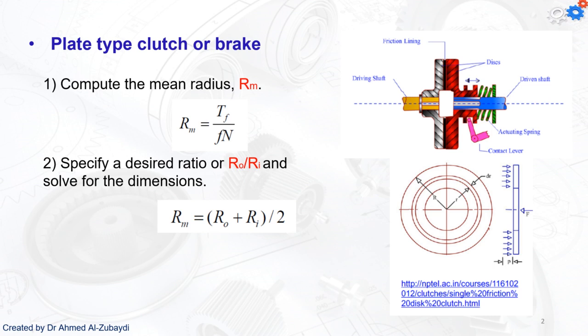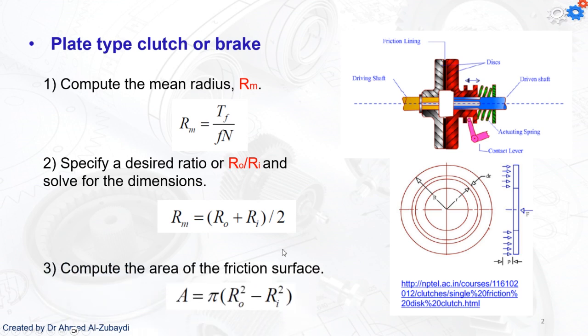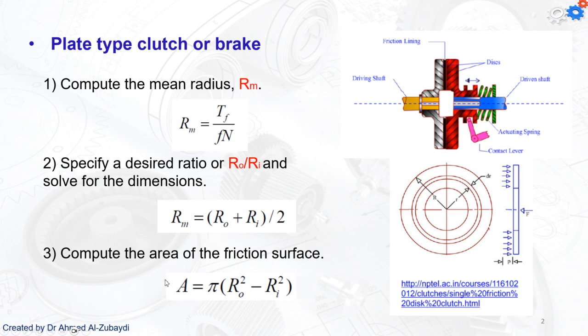So we decide first what will be the ratio between the RO over RI, and then we say that, for example, the RO is 1.5 RI. We can substitute in the equation and calculate for the RI, because the RM has been calculated from the previous step. And then by finding the RO and the RI, we can compute the surface area. The surface area is going to be equal to the area of the outer disk minus the area of the inner disk.